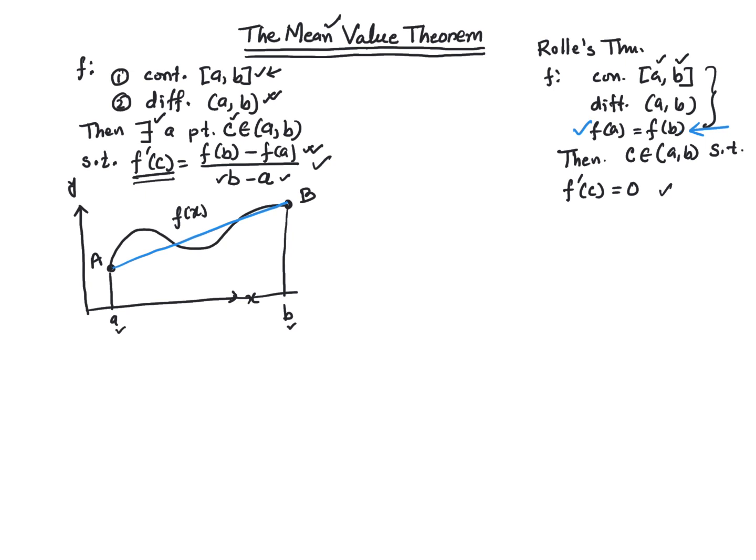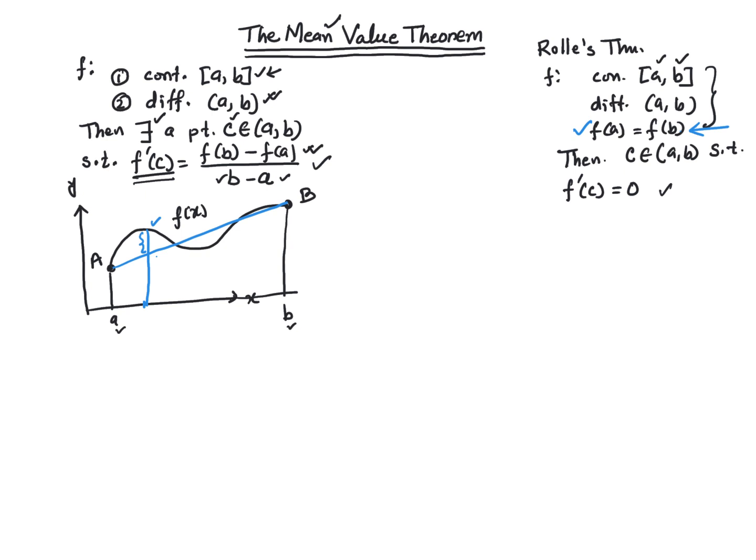And the way we do it is by taking the difference of f of x and the straight line. So let's say this is a point x. At this point, I'm going to take the difference of f of x and the straight line. So there's going to be just this little line segment.